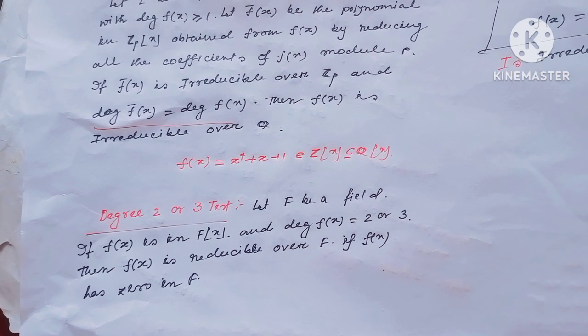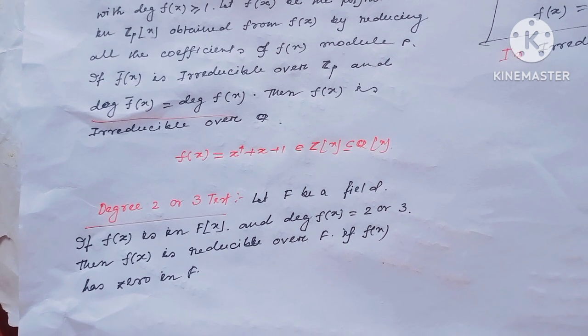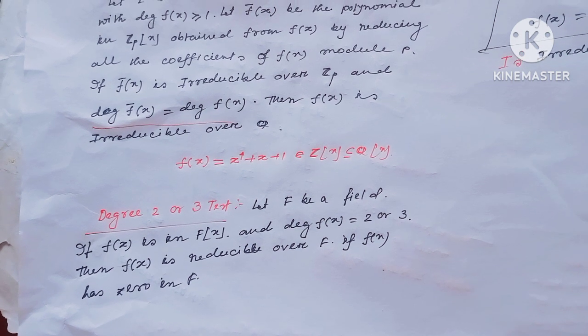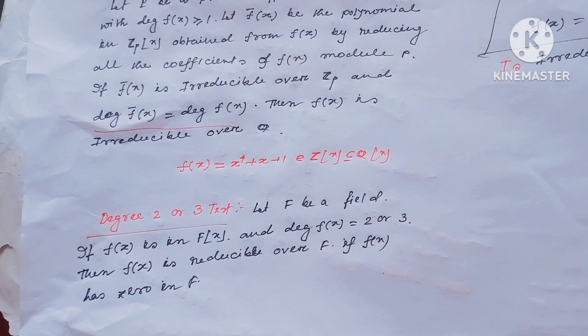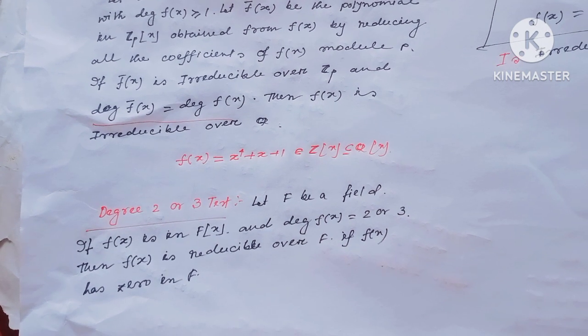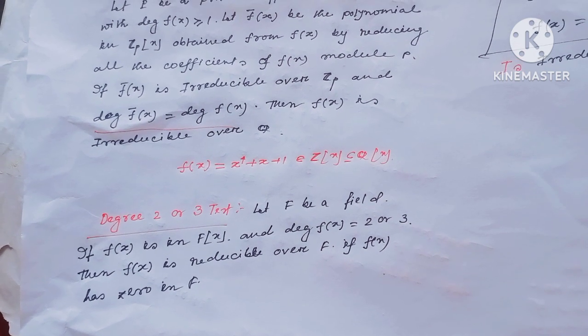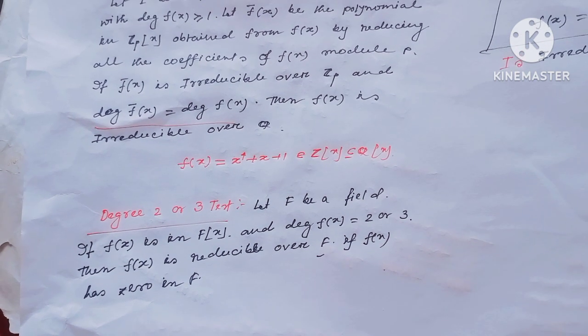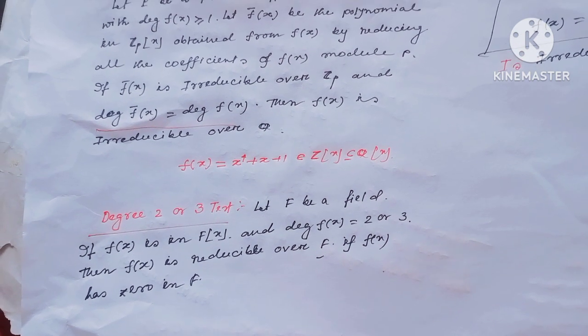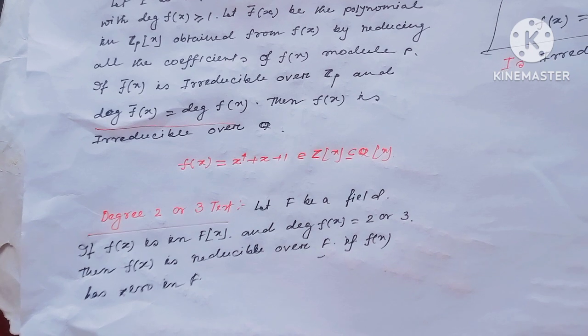Let F be a field and let f(x) in F[x], and degree of f(x) is either 2 or 3. Then f(x) is reducible over the field F if and only if f(x) has a root in the field F.